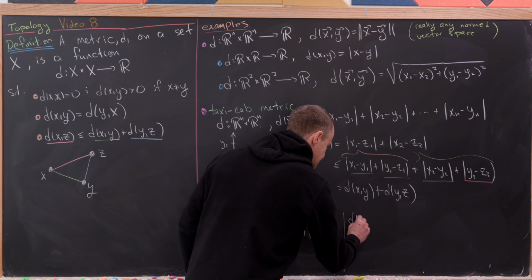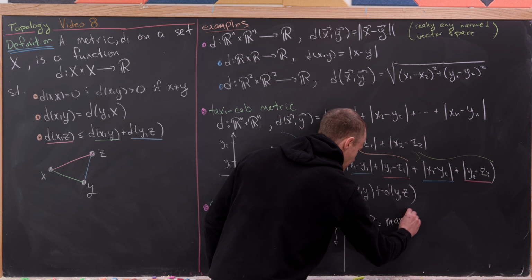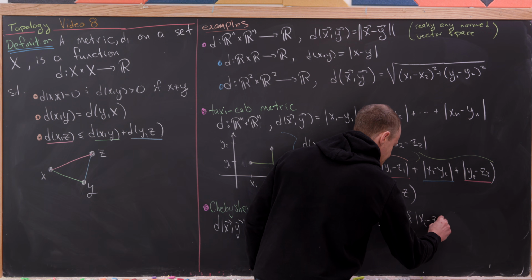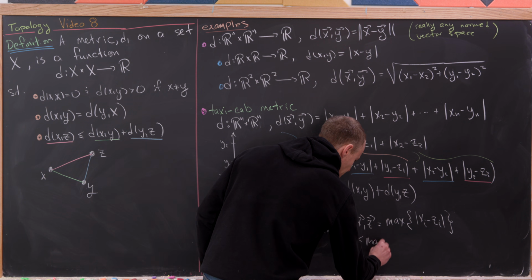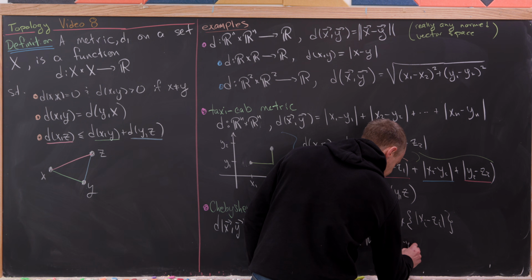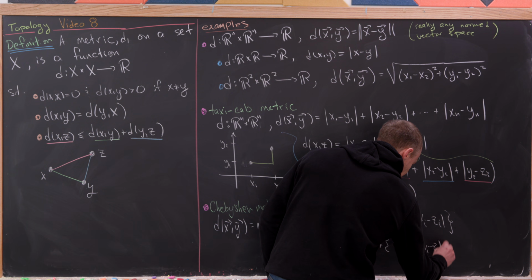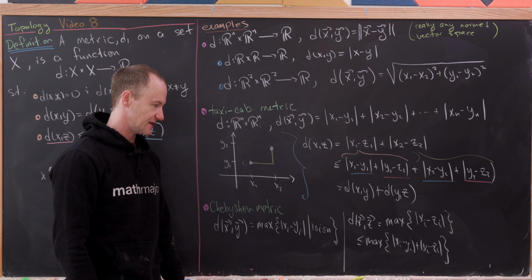So let's do the distance between x and z. That's going to be the maximum of all of these xi minus zi. But then that's going to be less than or equal to the maximum of all of these xi minus yi, and then plus yi minus zi. And that's just by applying the triangle inequality to each of the things in there.